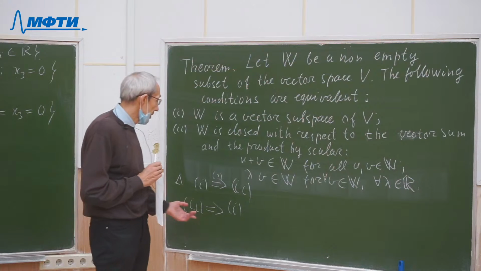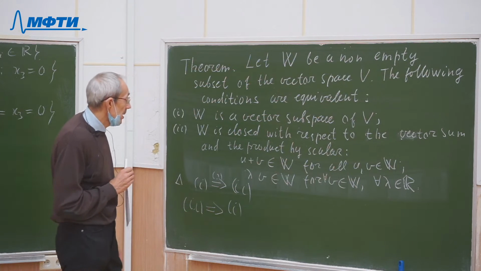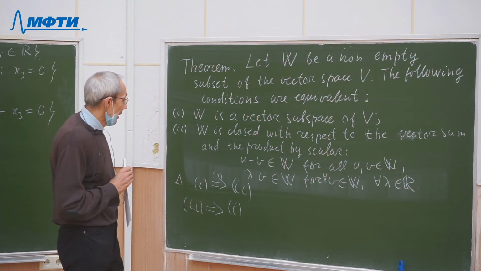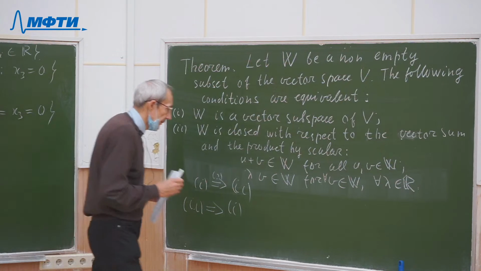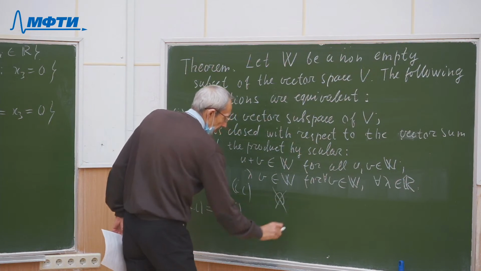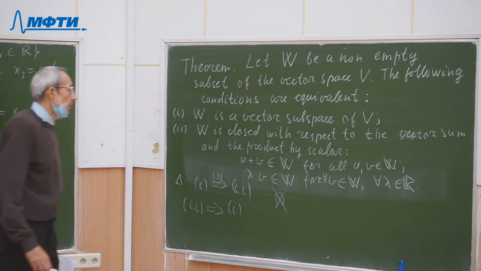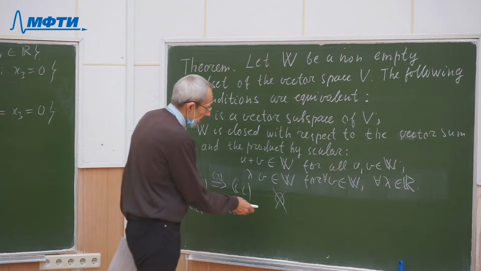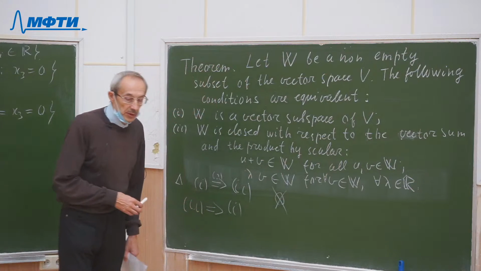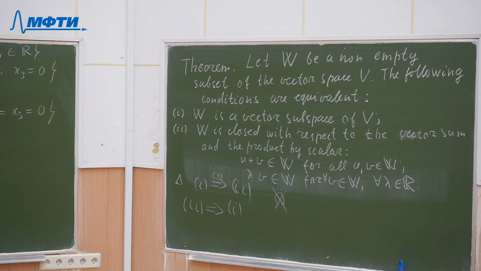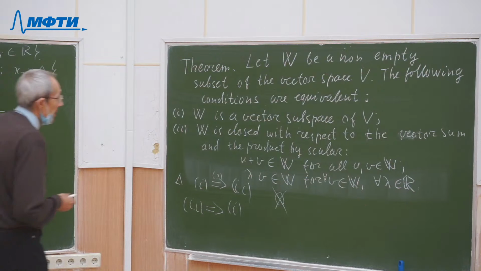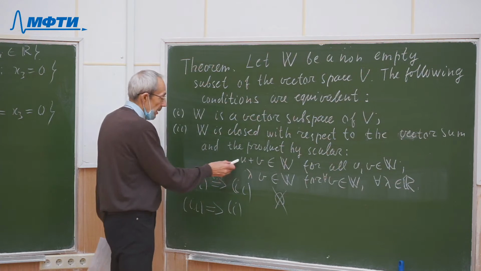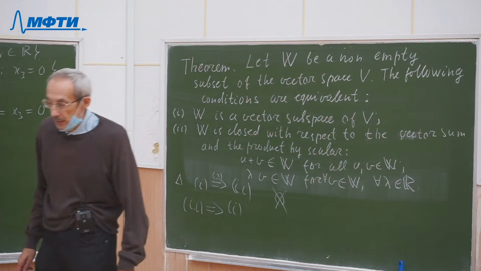It is easy to check that other axioms are fulfilled in this case. More precisely, I suggest you accurately prove that all these axioms are fulfilled and can be deduced from the zero axiom in the case when W is some subset of V and these conditions are fulfilled.